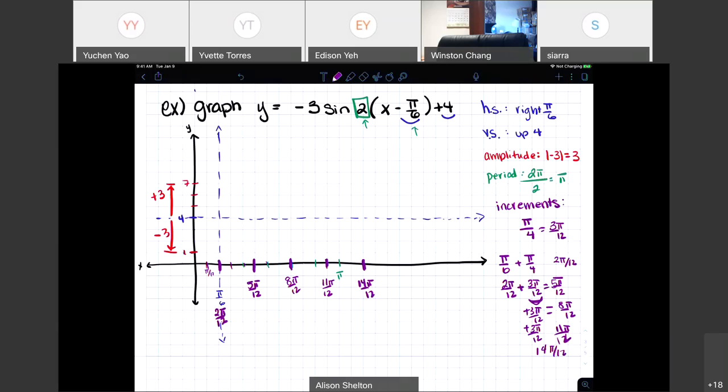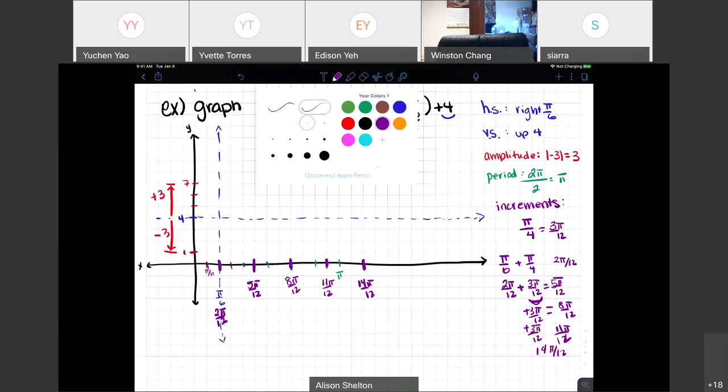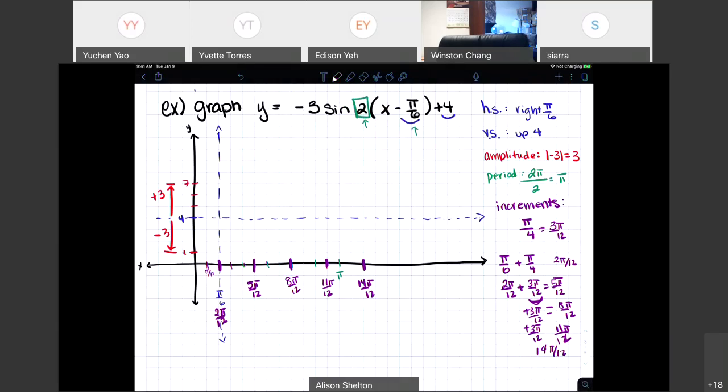Then, finally, we just want to graph it. So notice that the sine is upside down. Even though we're going to start at the midline right here, so it's like our new 0, 0, at our next important point, we're going to be down 3 units. So we're going to be down instead of up. We're going the opposite direction we normally go.